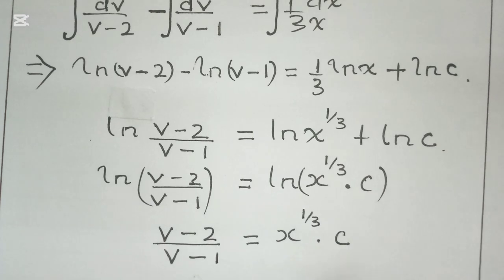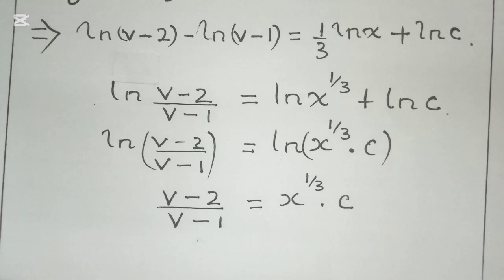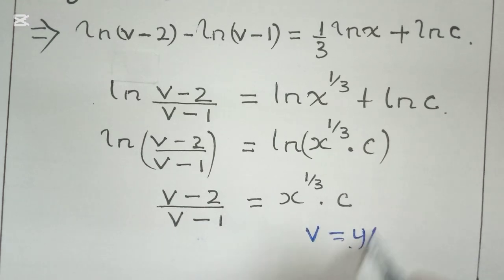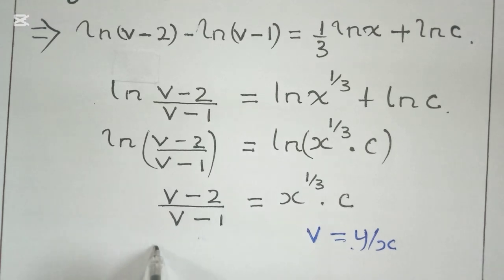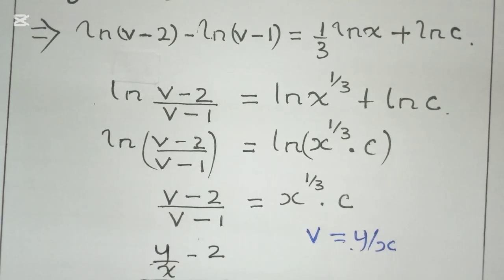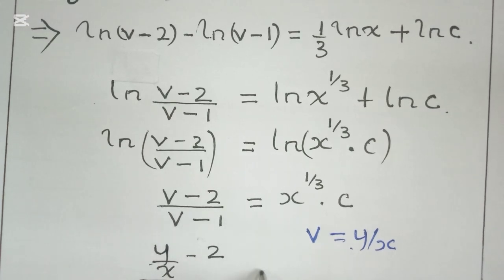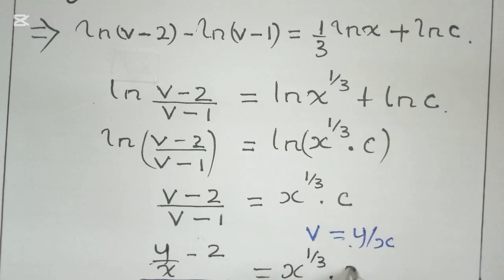And so therefore, we can now replace for v. The v we have is y over x. So this is going to be y over x minus 2, divided by y over x minus 1, equals x raised to a third multiplied by c.